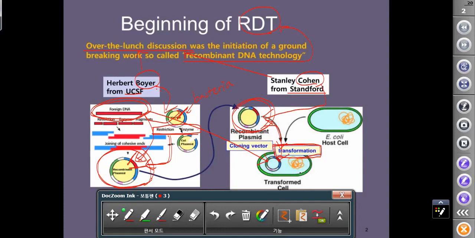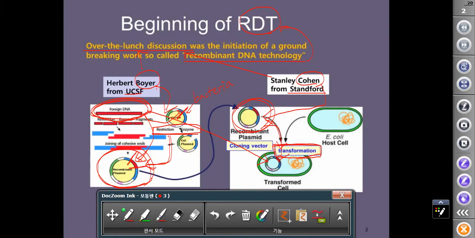You can grow bacteria at a cheap price in a large quantity, whereas if you were to grow some mammalian cells, it costs a lot. For example, let's say the foreign DNA is insulin DNA. You know what insulin is?